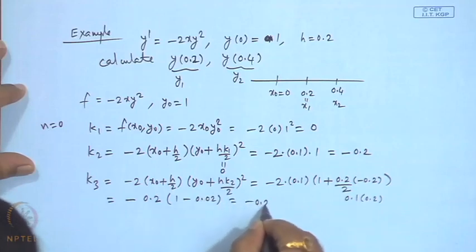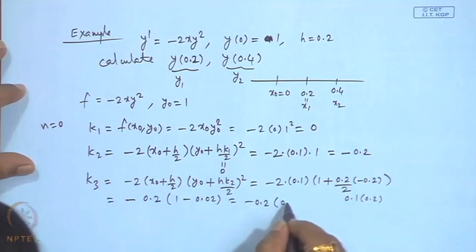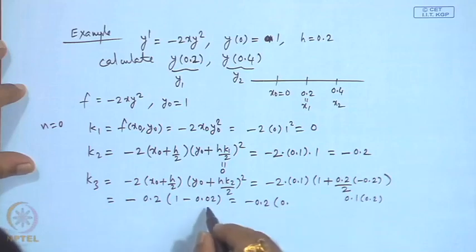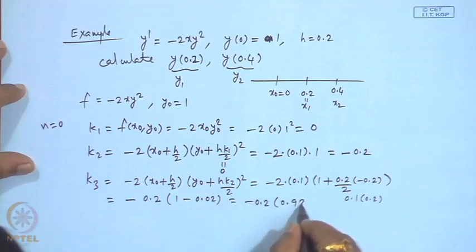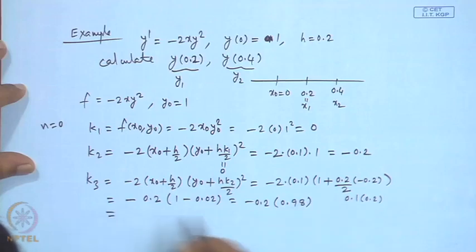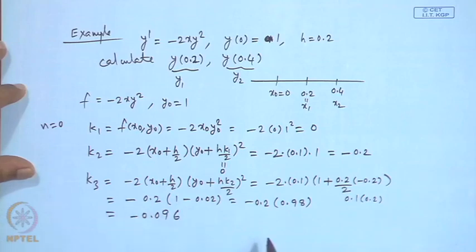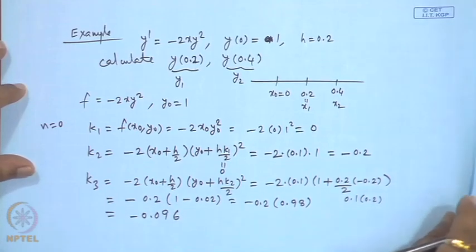So, this is 0.2 times 0.98. So, k 3 we have the value. Okay. So, this is our k 3, right.